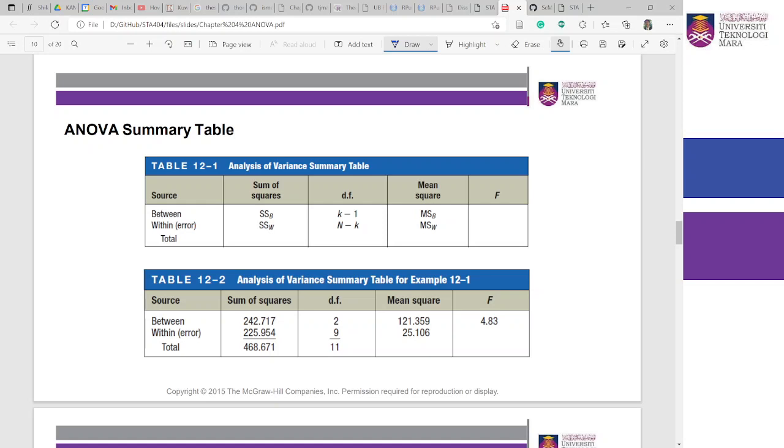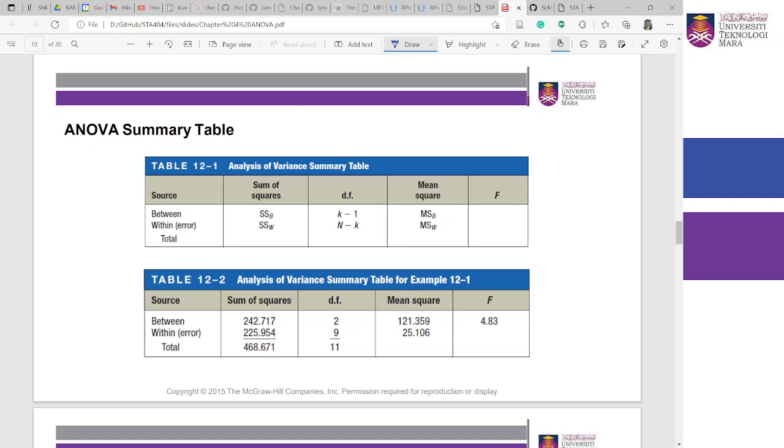The same table is also displayed in regression analysis later on. When we discuss regression analysis, it will give you the same type of table for the ANOVA untuk regression analysis. Cuma dia punya source tu will be different. In the source for regression analysis, they will give you the regression and the error. Tapi untuk ANOVA, untuk yang compare means ni, they give you between and within.